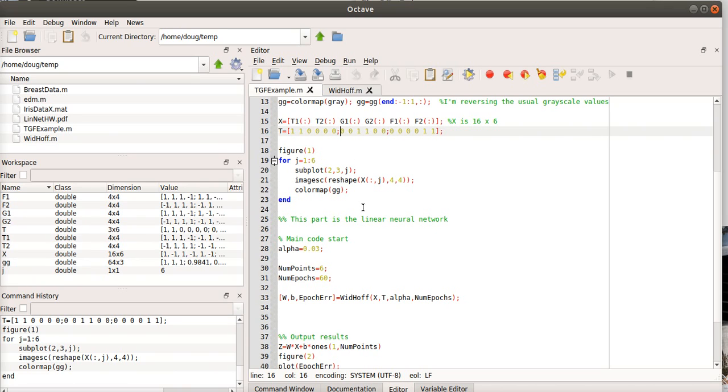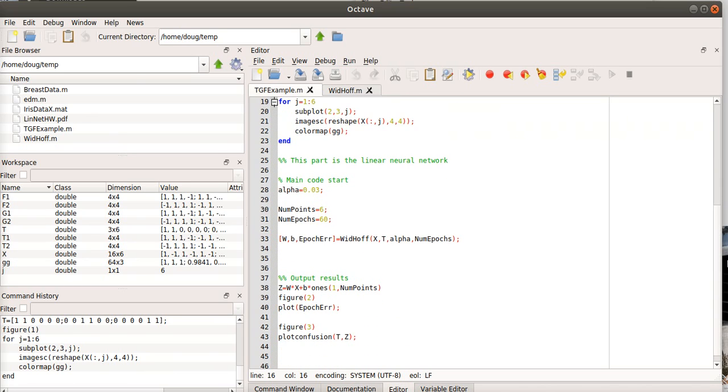Okay, anyway, let's just go ahead and run this code and see what happens. So once we set up our X and our T, we're just doing some visualization here in lines 19 through 23. And then down here you see where we start. Alpha is 0.03, but actually in the Widrow-Hoff algorithm I'm going to use something different, and we'll see how that works. This is the number of epochs, number of points.